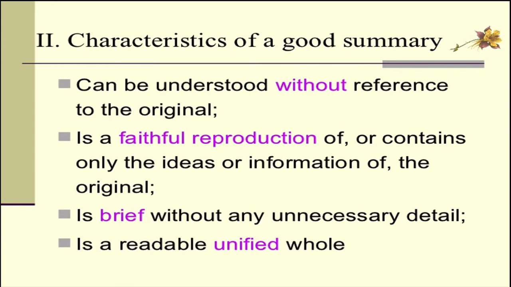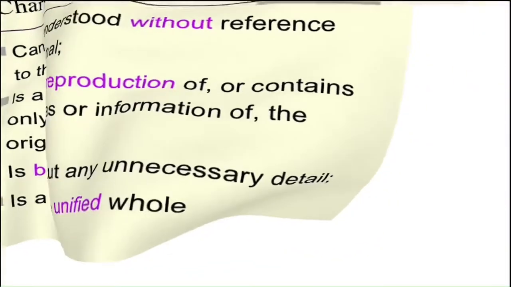And number three is brief, without any unnecessary detail. All right, so if you don't need a word or two, we do not need to just add them to the text. We have to be brief as much as possible. And finally, it is a readable, unified whole. All right, so let's see how the marking goes with this type of question.